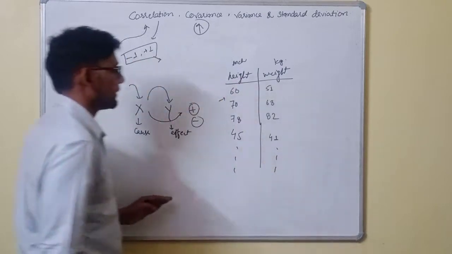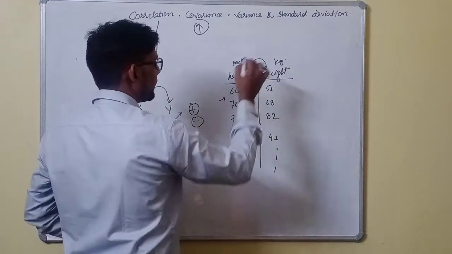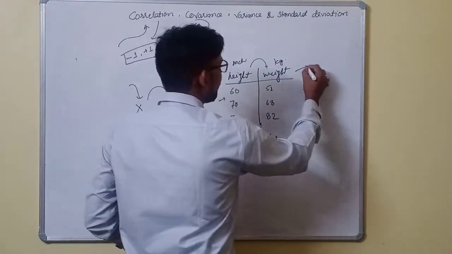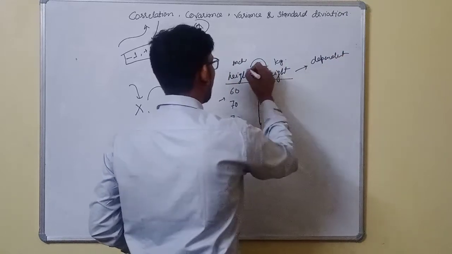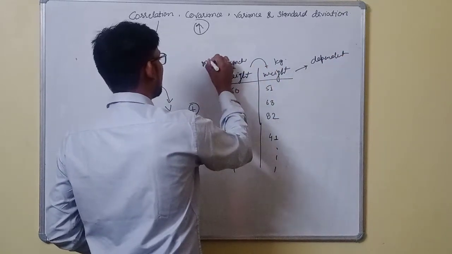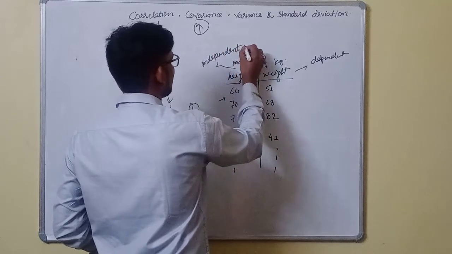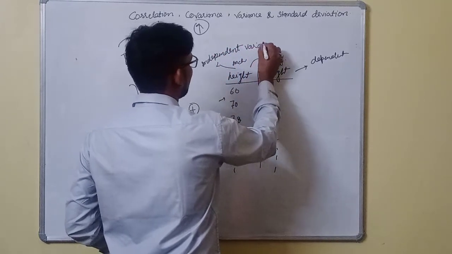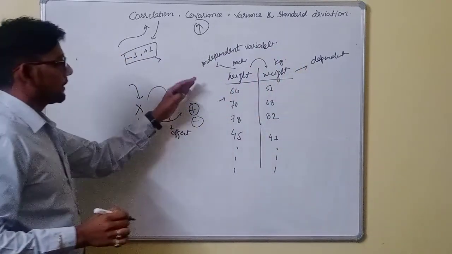So we have the data set, right? Now we will measure how the weight is dependent on height, right? Weight is the dependent variable and height is the independent variable. Right.